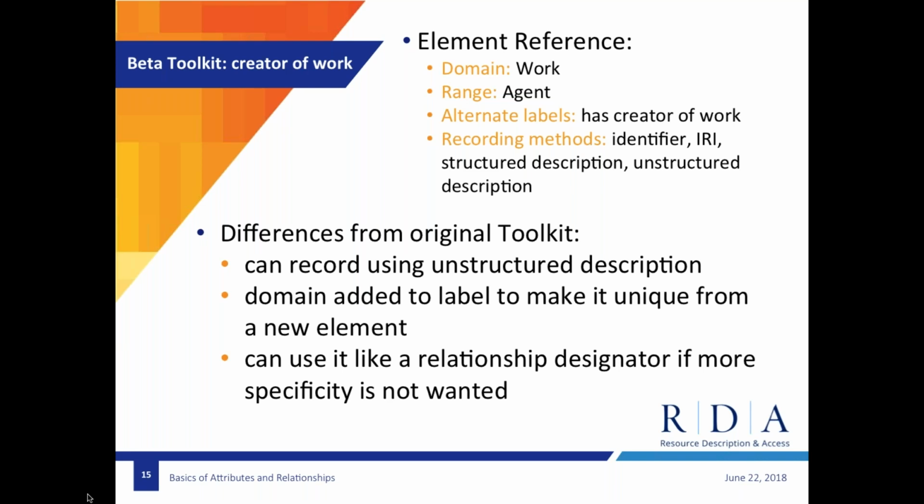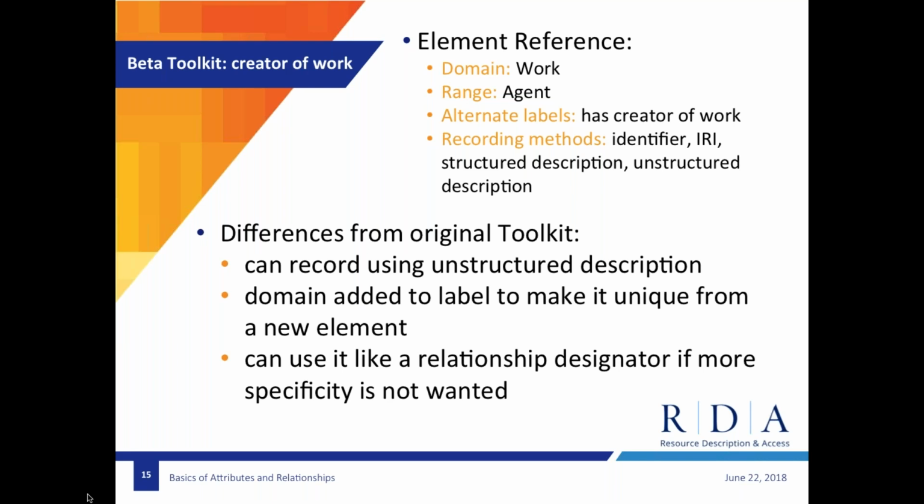But you couldn't do that for relationships between agents and the WEMI entities, even though we all know you could certainly say David Copperfield has author Charles Dickens. It's a perfectly understandable, useful way to express that relationship, but it wasn't explicitly allowed in the original toolkit. So now it is explicitly allowed.